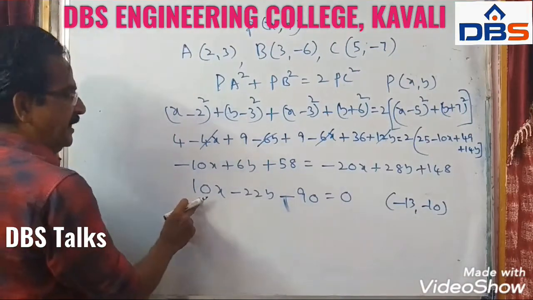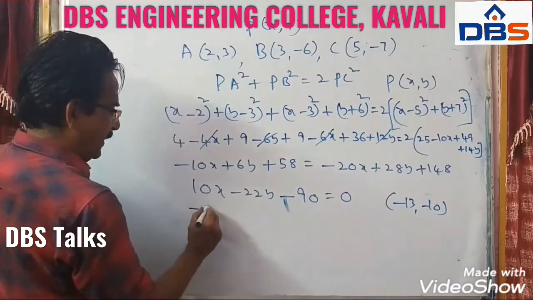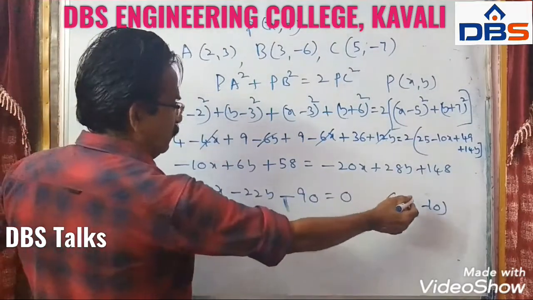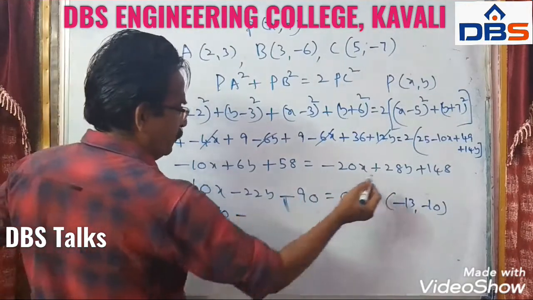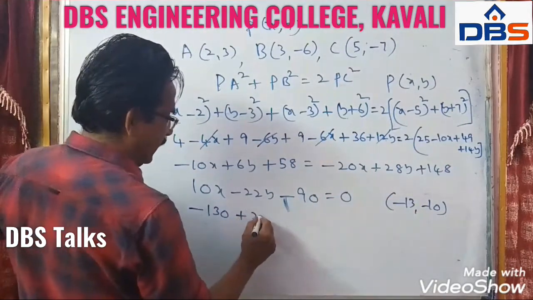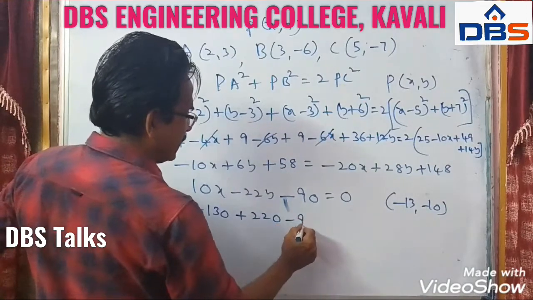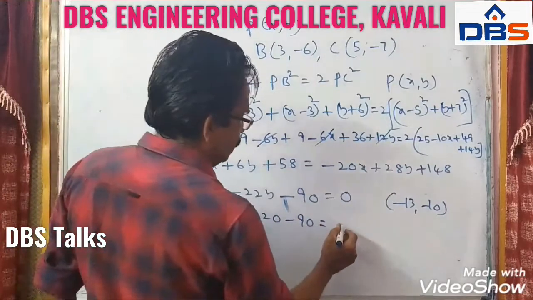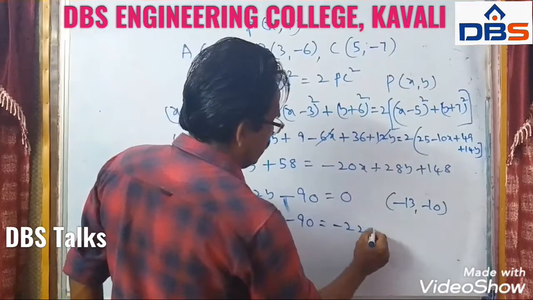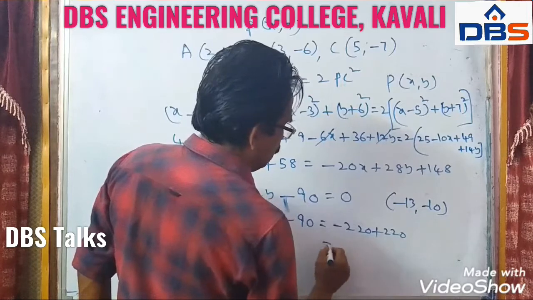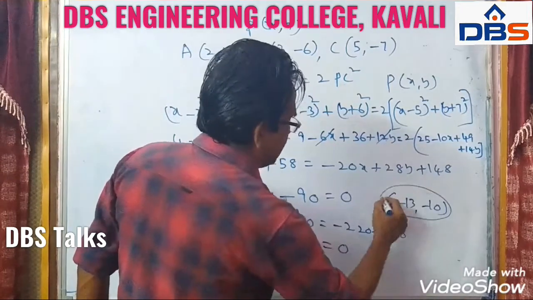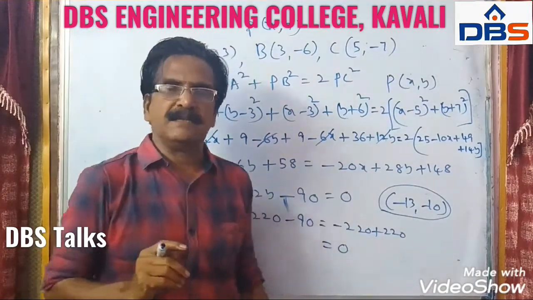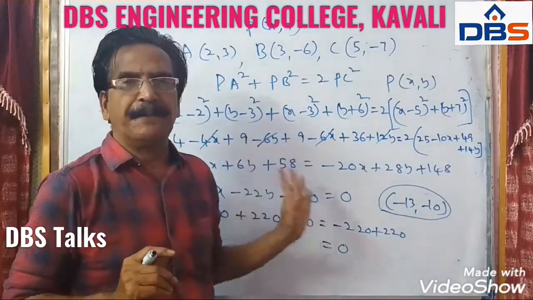See, 10 into minus 13, minus 130, minus 22 into minus 10, plus 220, minus 90. So 130 plus 90, 220, minus 220 plus 220, is equal to 0. So clearly friends, the point (minus 13, minus 10) lies on the locus of P.